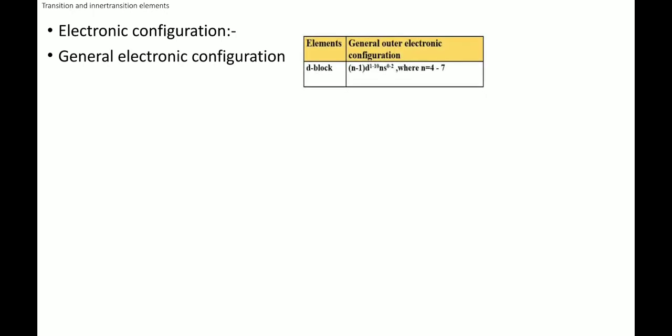See this general electronic configuration of d block elements: (n-1)d1 to 10 ns0 to 2, where n can be 4, 5, 6 and 7, that is, 4 to 7. N means the outermost shell, and n-1 means the penultimate shell, the second last shell.